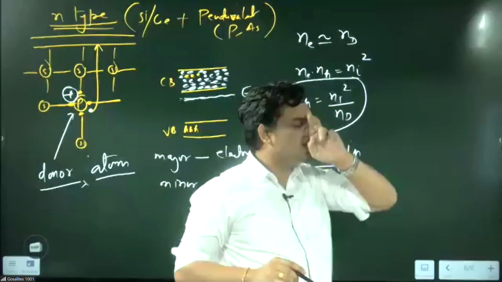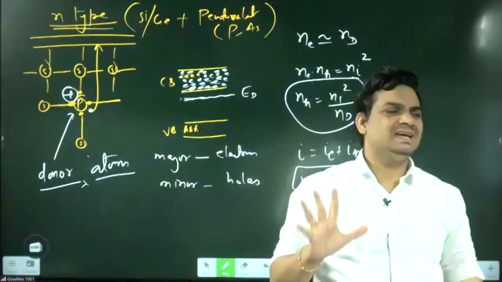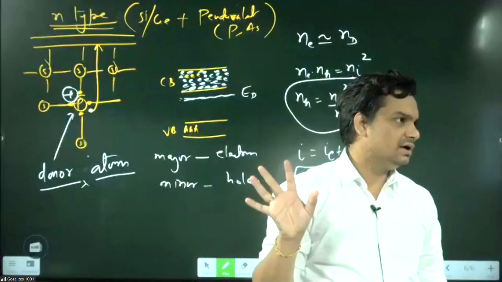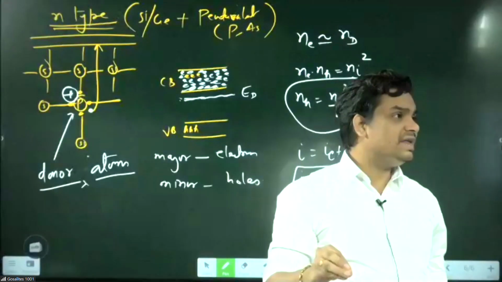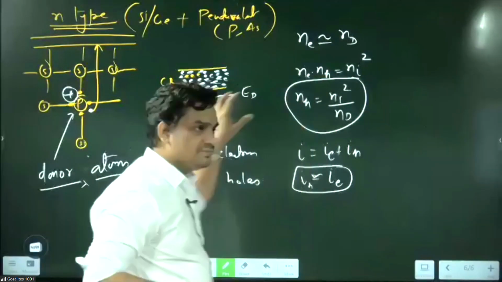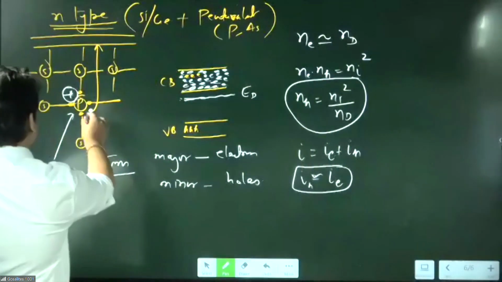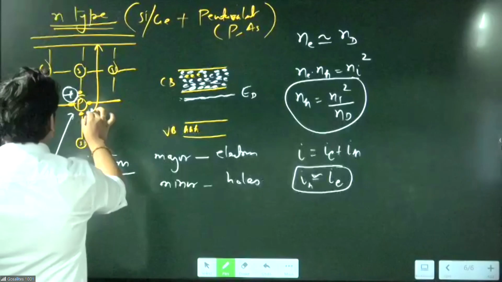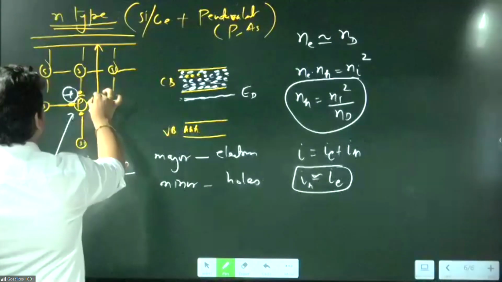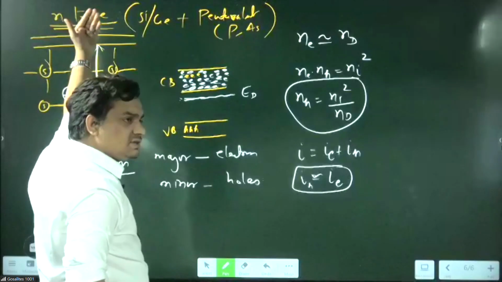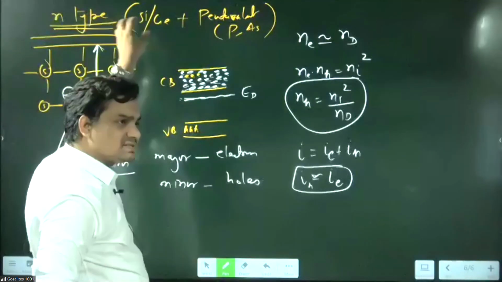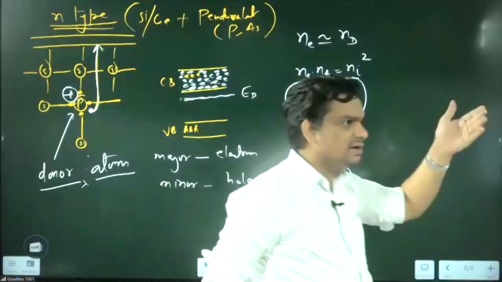What is the meaning of donation? Its electron will become free. When will it become free? When the energy of this electron is equal to the other free electrons, equal to the conduction band. If energy is equal to the conduction band, then only it will reach the conduction band.